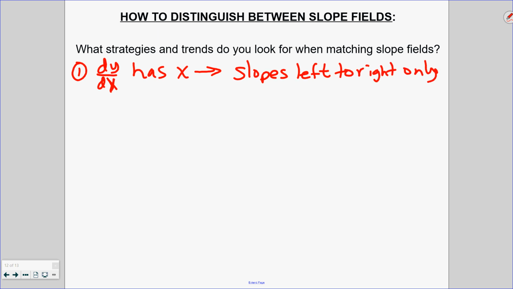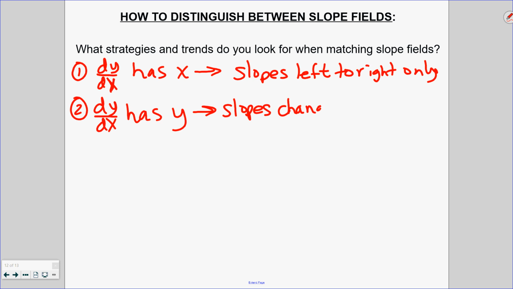If dy/dx has y only, then it's the same idea: the slopes change up and down only. So as you go across, they're all going to be the same slopes. It's just up and down that they're going to change.